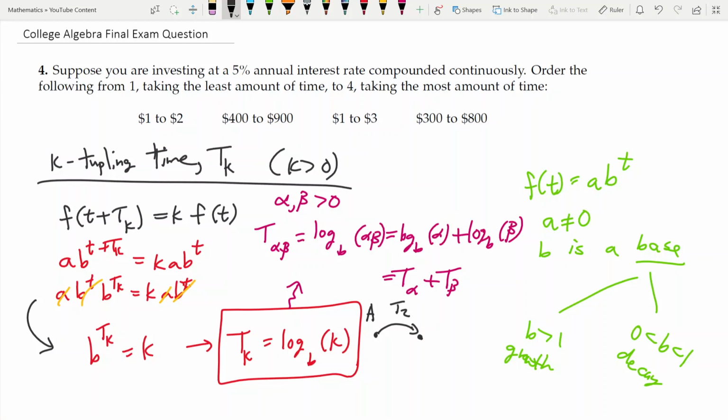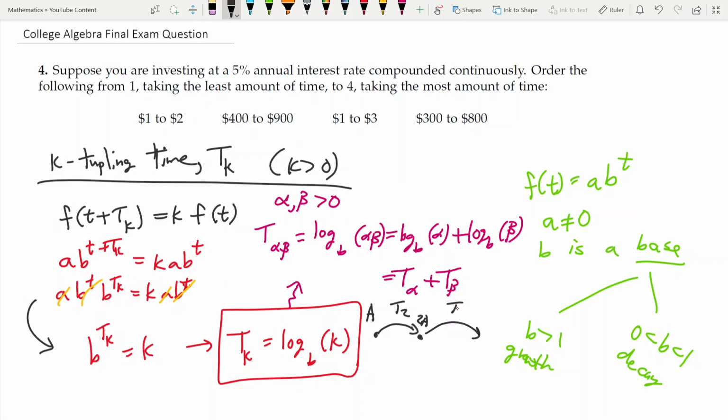So at any point in our exponential function, if we wait tk units of time from some starting time little t, we will have multiplied the amount by k, where tk is this log base b of k. So in our picture, if you wait t2 time, you will have doubled, so you'll get 2a in your investment.